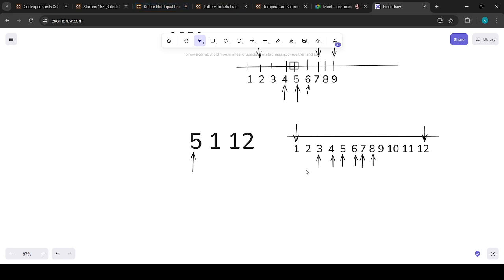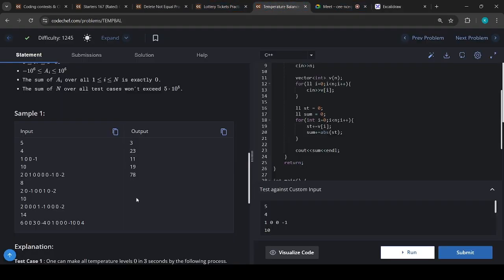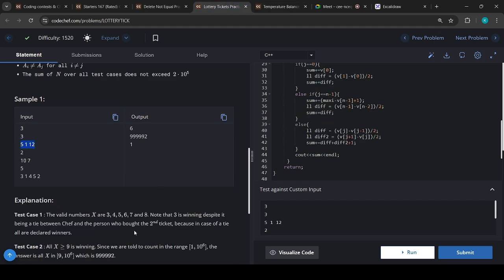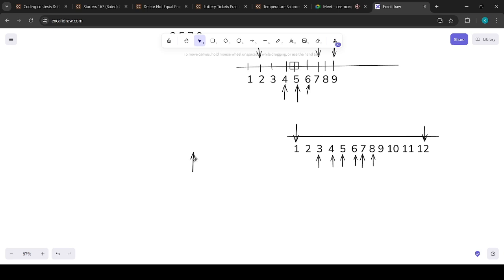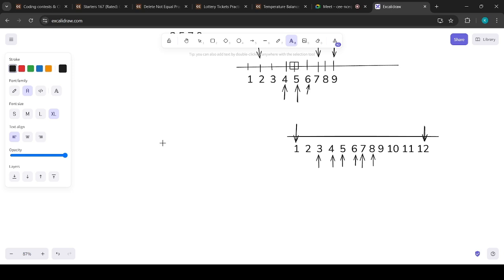If Chef is chosen, okay, let's consider another test case: 5, 7, 12.